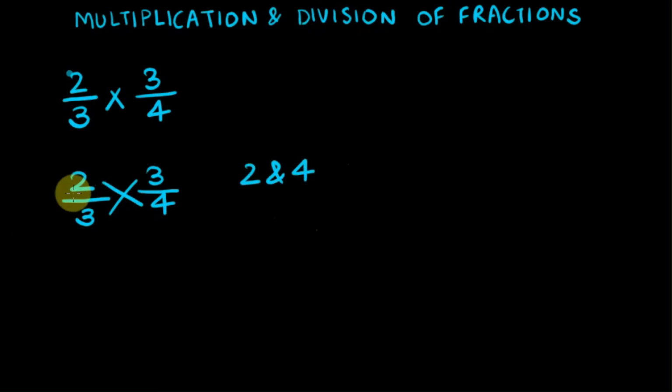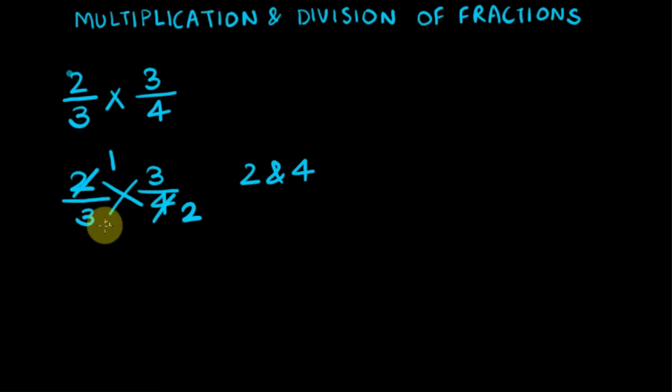So now I'll divide both of these by 2. 2 ones are 2 and 2 twos are 4. So I've cancelled them and I've put some other numbers. Basically what I'm doing here is simplifying the fractions. Now I've simplified the numerator of the first fraction and the denominator of the second fraction.